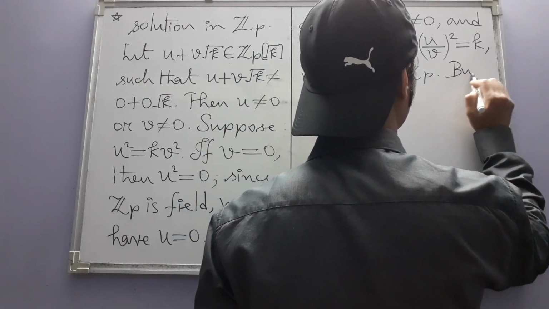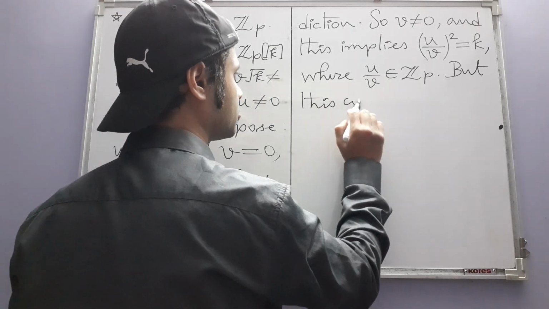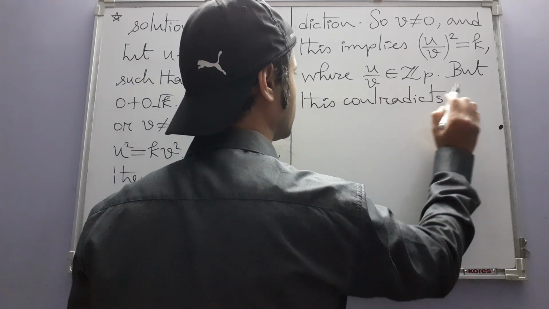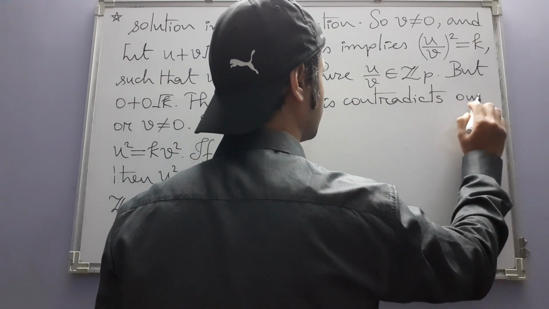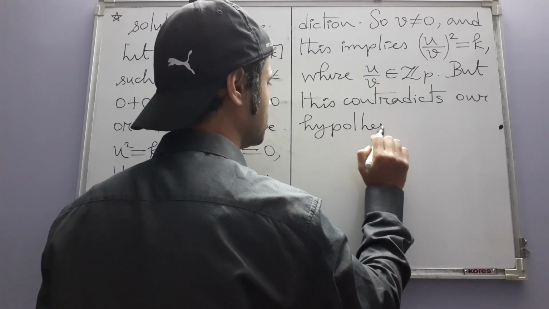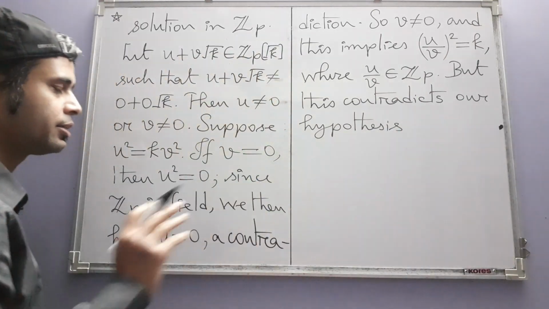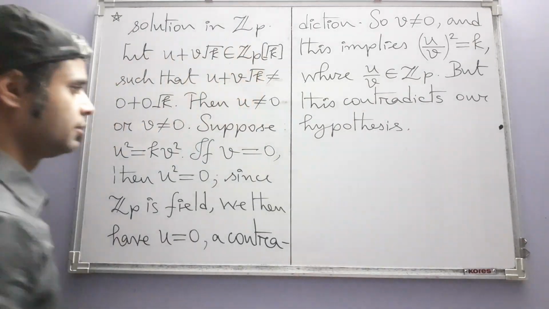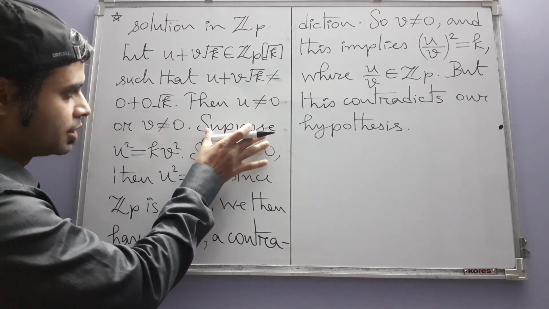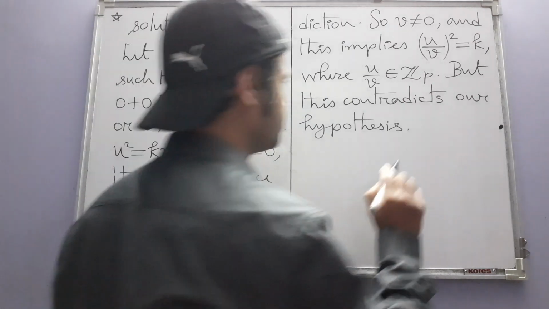But this contradicts our hypothesis. That you understand which one. And why is this contradiction arising? It is arising because of this supposition that this is equal to this.